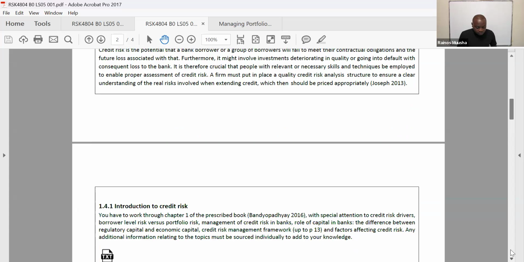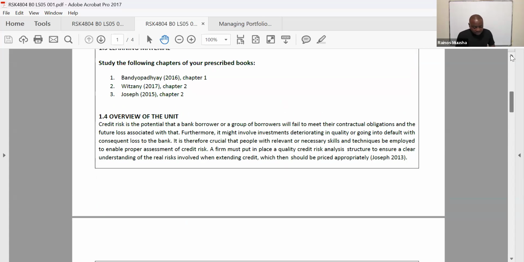Now, under overview of the unit, the lecturer says, credit risk is the potential that a borrower or a group of borrowers will fail to meet their contractual obligations and the future loss associated with that. Furthermore, it might involve investments deteriorating in quality or going through default with consequent loss to the bank.